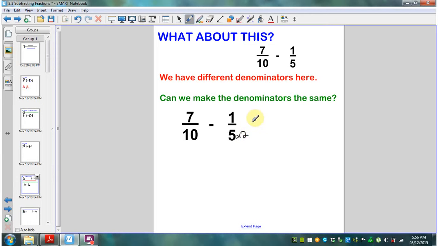But our golden rule, whatever you do to the bottom, you have to do to the top. So this now becomes 7 over 10 minus 1 times 2 is 2, and 5 times 2 is 10. So now we have a common denominator.